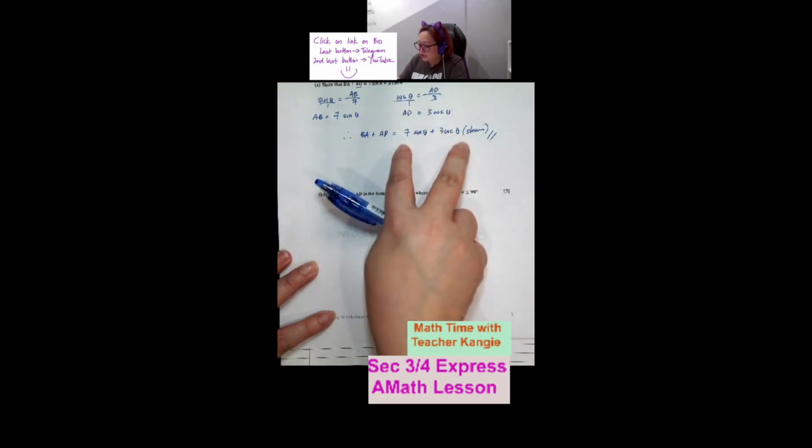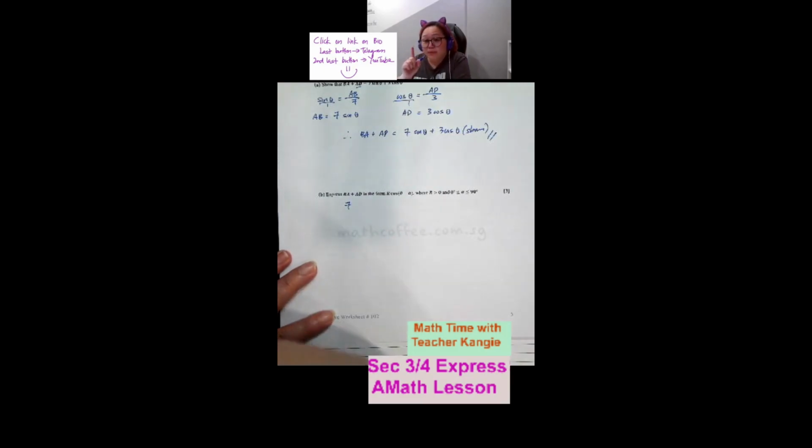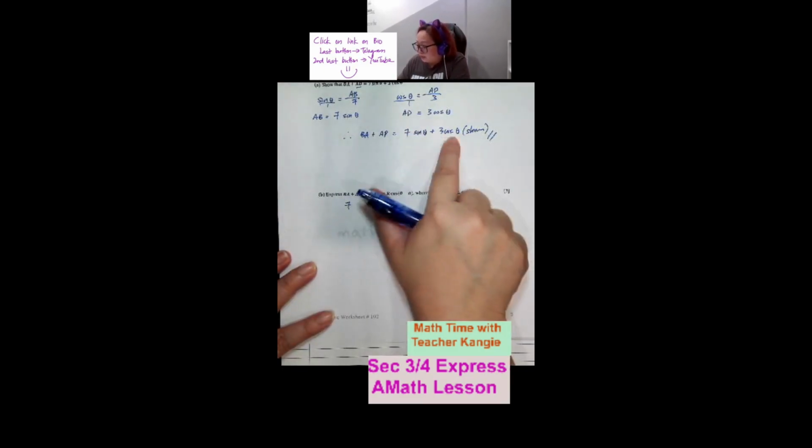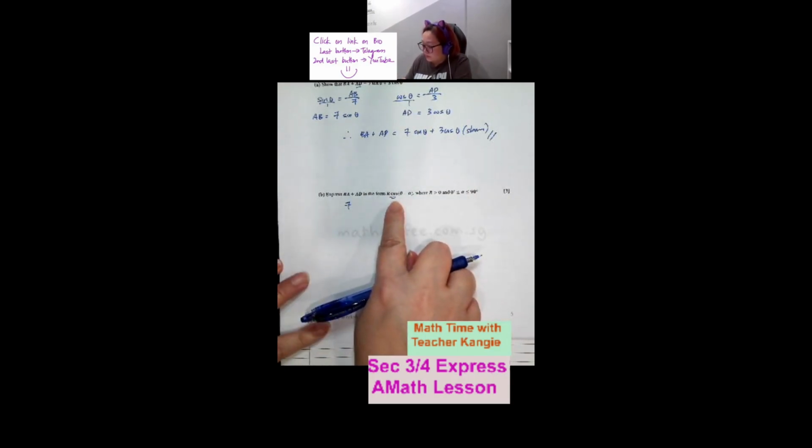Now next, you need to change them into the R formula form. They want us to express BA plus AD in the form of this. That means you need to change this. Be careful. Here they put 7 sine theta plus 3 cosine theta, but they want us to put it in terms of cosine.